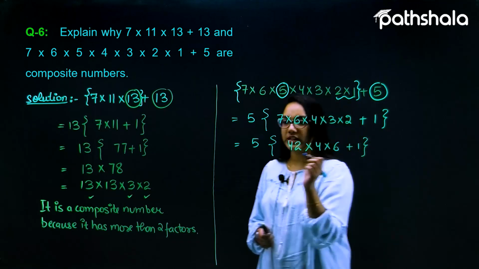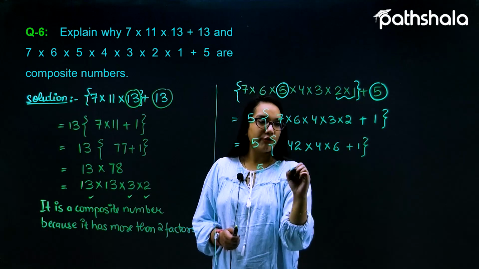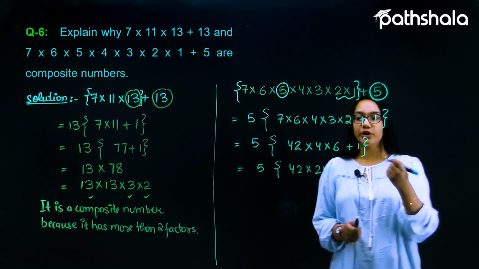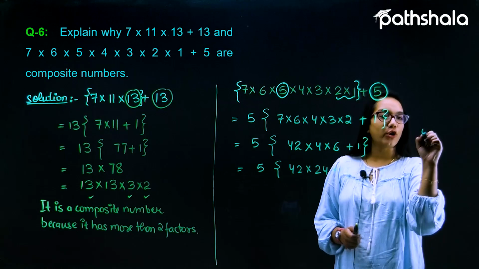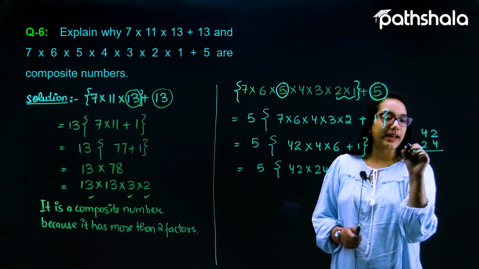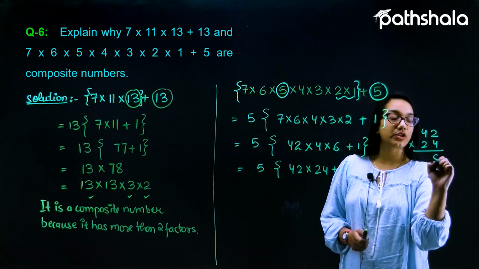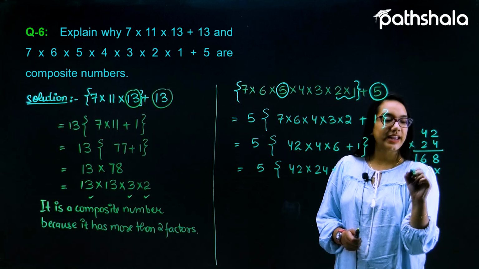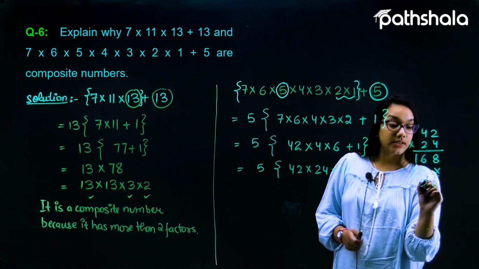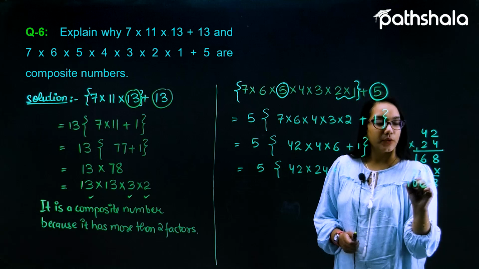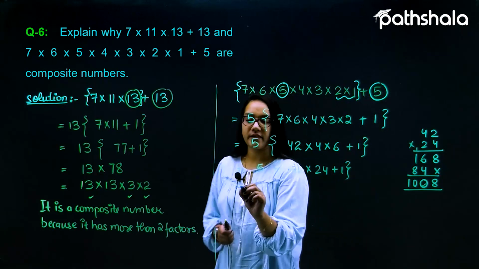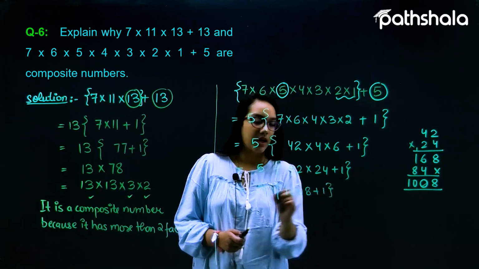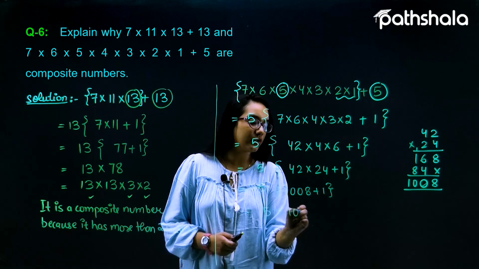So let's multiply 42 and 24. 2 into 4 is 8, and so on, and it comes to 1008. So the answer is 5 into 1008 plus 1. So the answer is 5 into 1009.